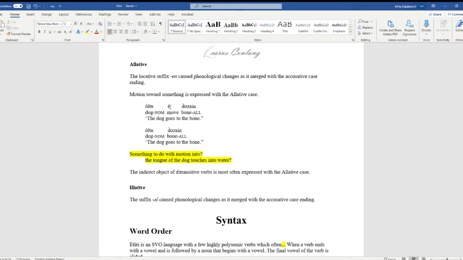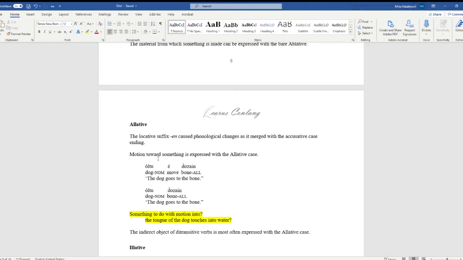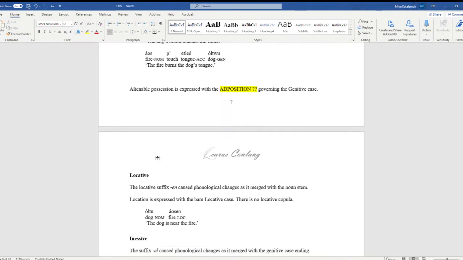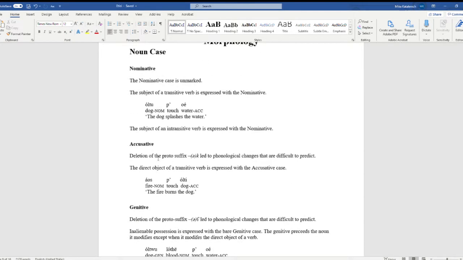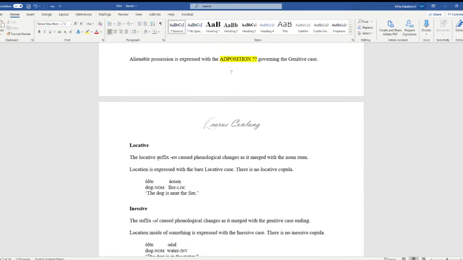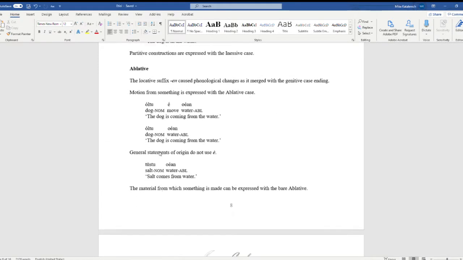So we have motion toward and we have location in. What I think is going to happen is that the allative is going to mean motion into something with a prefix. The alternative would be to do a preposition for toward with the inessive. And I'll work on that in a second.